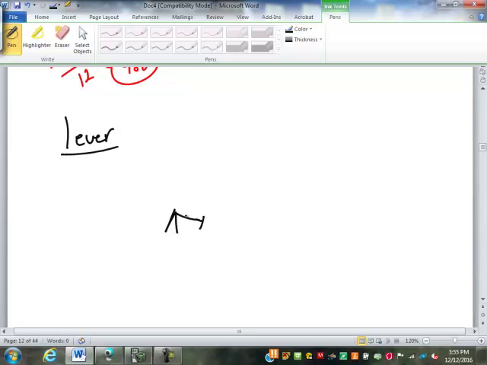Here's your fulcrum of your lever. And let's say here it takes, say, 50 pounds of force to lift that rock when the handle here is 40 inches long.